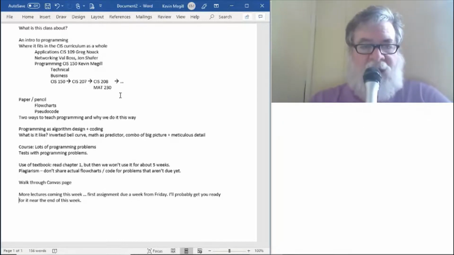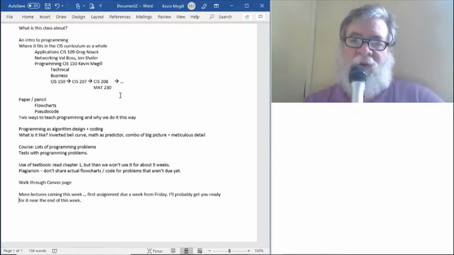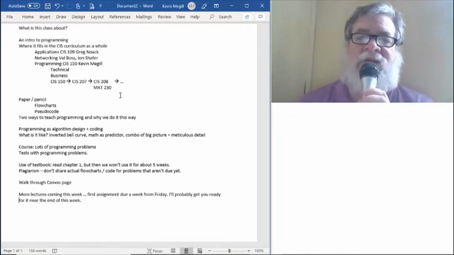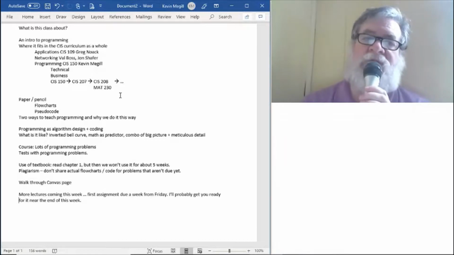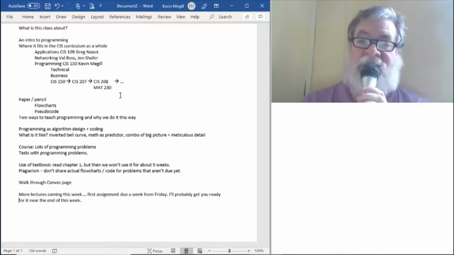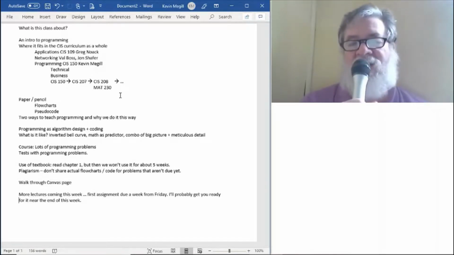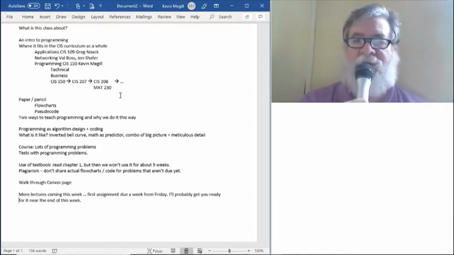Now, why do we do it this way? Why don't we set you on computers right away? Well, the basic story is that there are two different ways that schools have tried to teach programming, and they both work somewhat well, but I am convinced that this is the better way to do it. First of all, if you're in a 4-year university, chances are that they'll teach you programming using a programming language the very first semester.